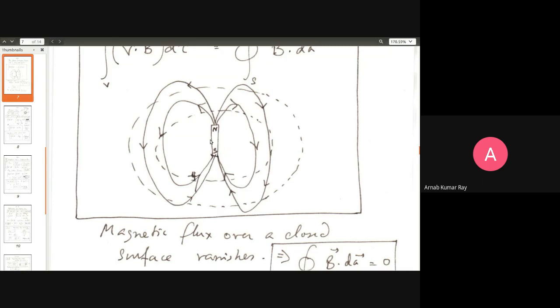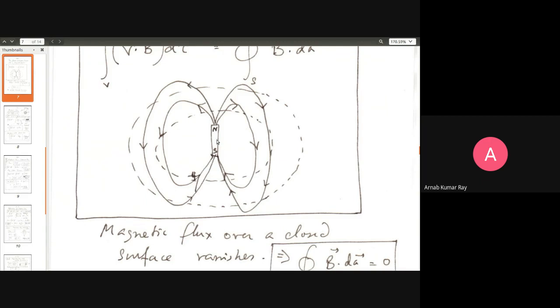So if I break this bar magnet, there will be magnetic field lines looping into it, like here. As soon as I break this bar magnet, there will be the birth of a South Pole just above the line of breakage, and there will be the birth of a North Pole just below the line of breakage. Instead of getting just a North Pole and a South Pole, the two broken pieces will have their own North and South poles. Again, the field lines will start looping and closing upon themselves in the two broken pieces.